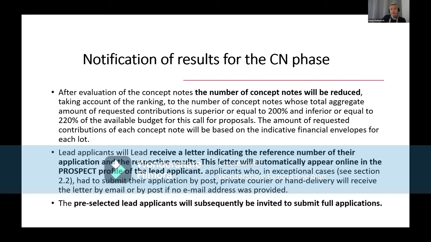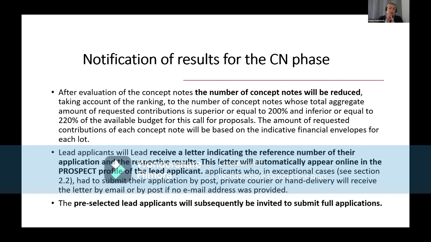In this concept note phase, the contracting authority invites those first on the ranking list in line with their scoring, and they are cumulatively calculating the EU contributions that are asked for in all these applications.